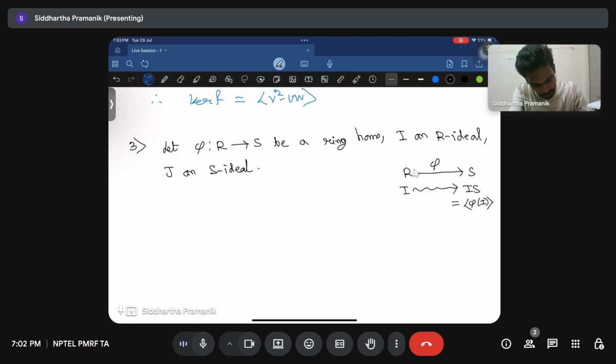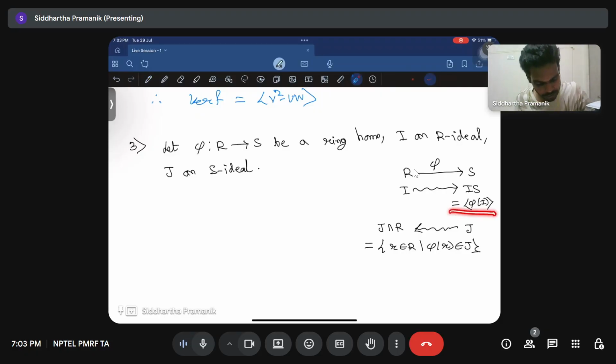And if you take an ideal J in S, the contraction, we denote it by J intersection R, is the set of r belonging to R such that phi of r belongs to J. So these are the definitions. This is the extension of I in S via phi. This is the contraction of J in R via phi.